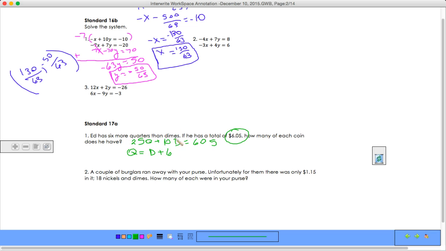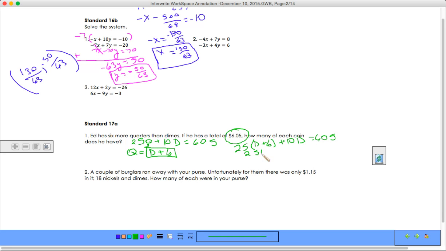All right, this is a system that's set up for substitution because Q is all by itself. I can take all of this and plug it into my other equation for Q. So now I have 25 times where Q is, I'm going to put D plus 6, plus 10D equals 605. Here I'm going to distribute.